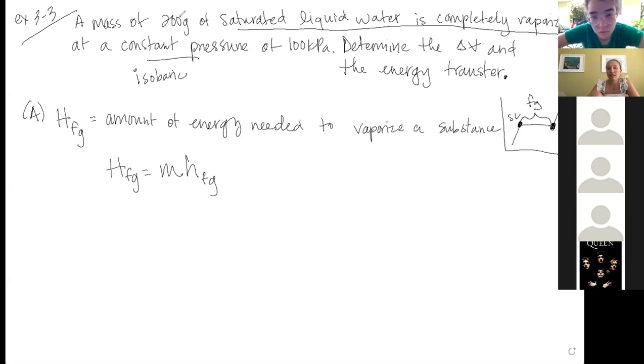So I know my mass is given to me, and I need to look up my energy of my liquid vapor. So I can look this up once again from table A5 at my constant pressure of 100 kilopascal. So on that same line, looking at 100 kilopascal, I go over to my liquid vapor enthalpy term. It's nice because for specific volume, there's only vapor and liquid.